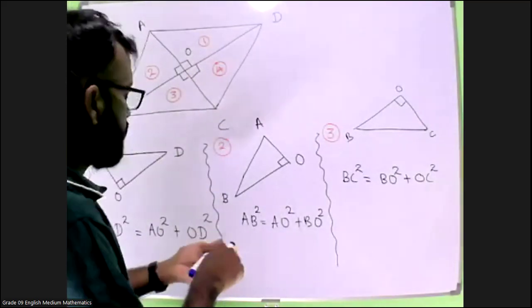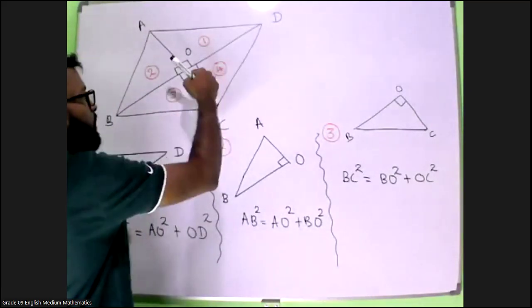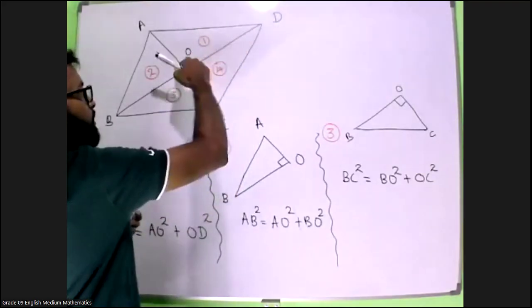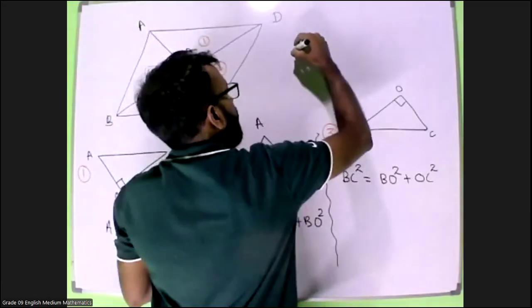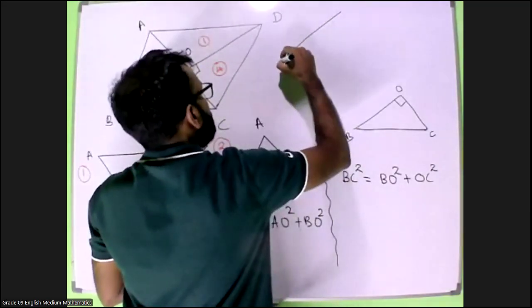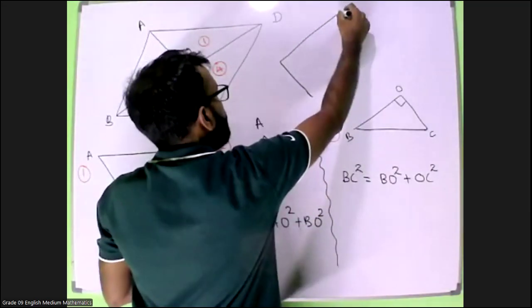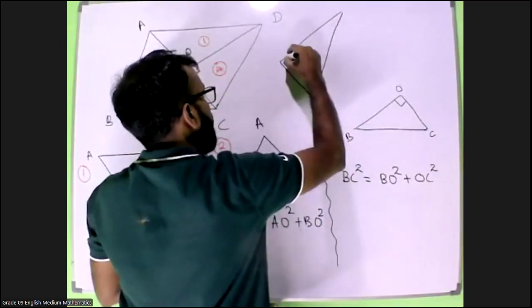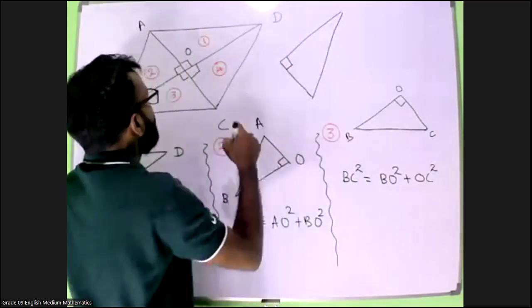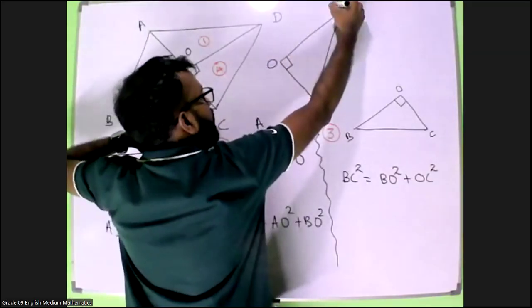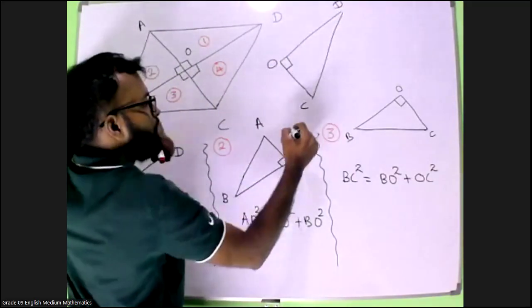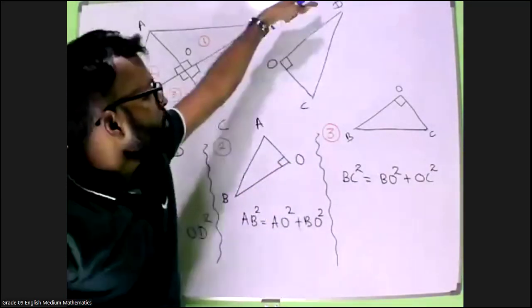Fourth one. This is my fourth right angle triangle. It is something like this. Here O, C, and D. So what is the hypotenuse?